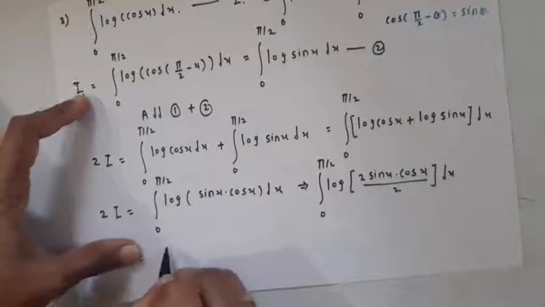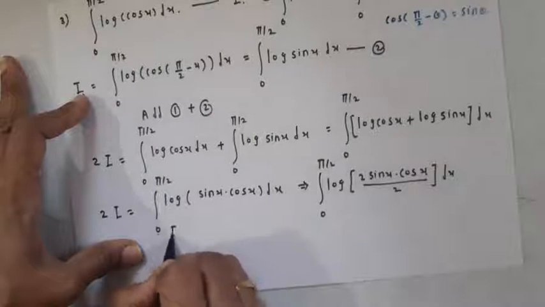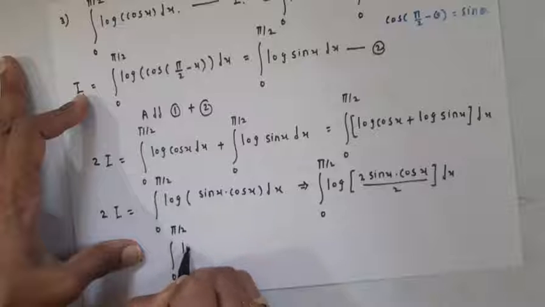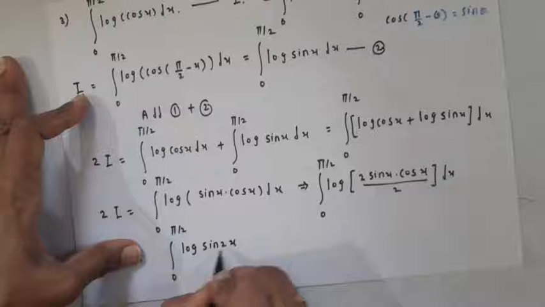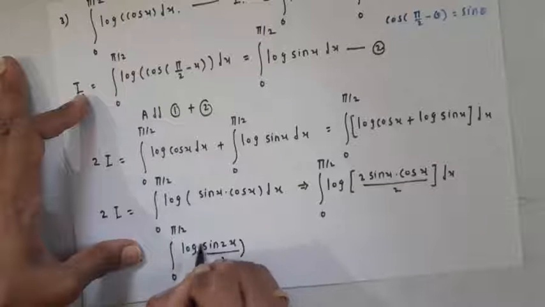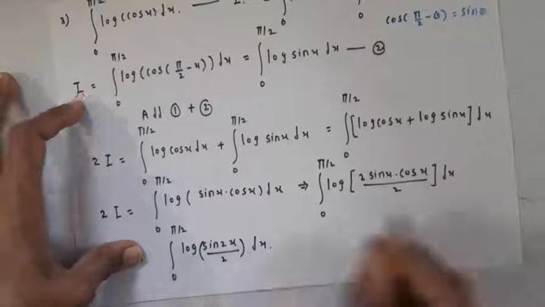Therefore 2I equals the integral from 0 to pi by 2 of log of (sin 2x upon 2) with respect to x.